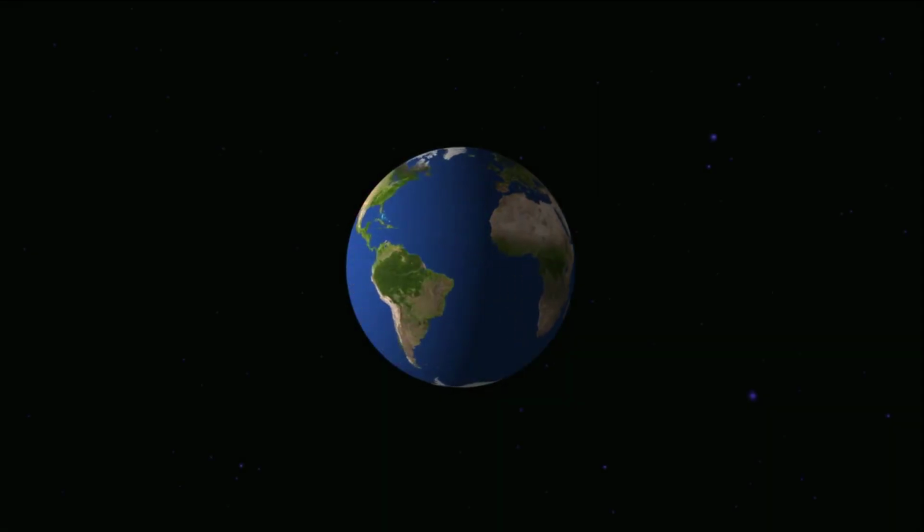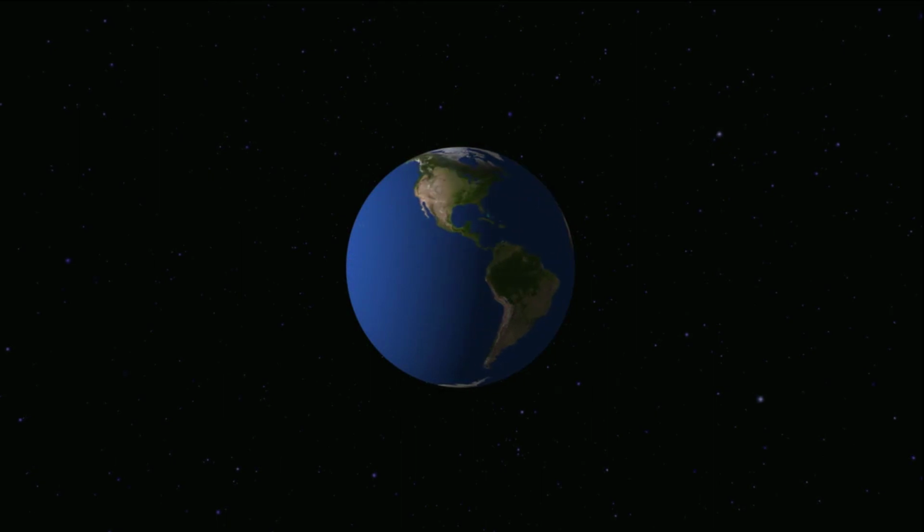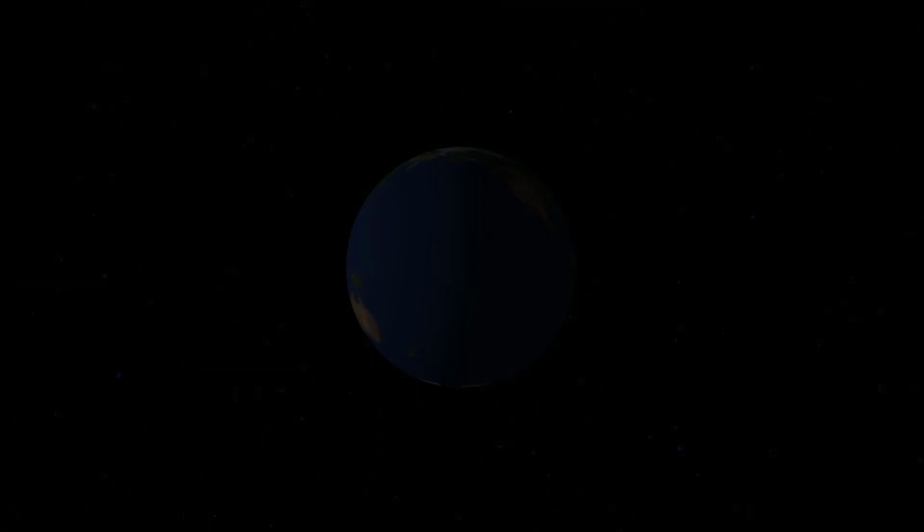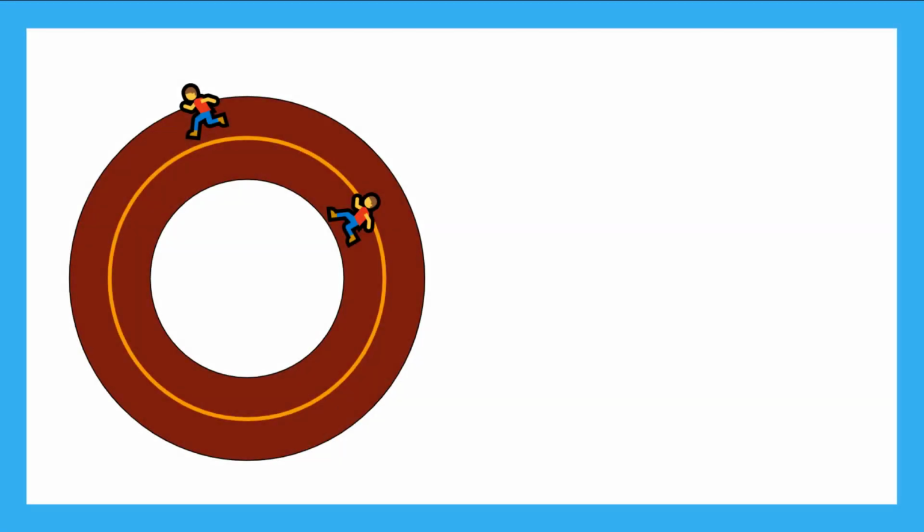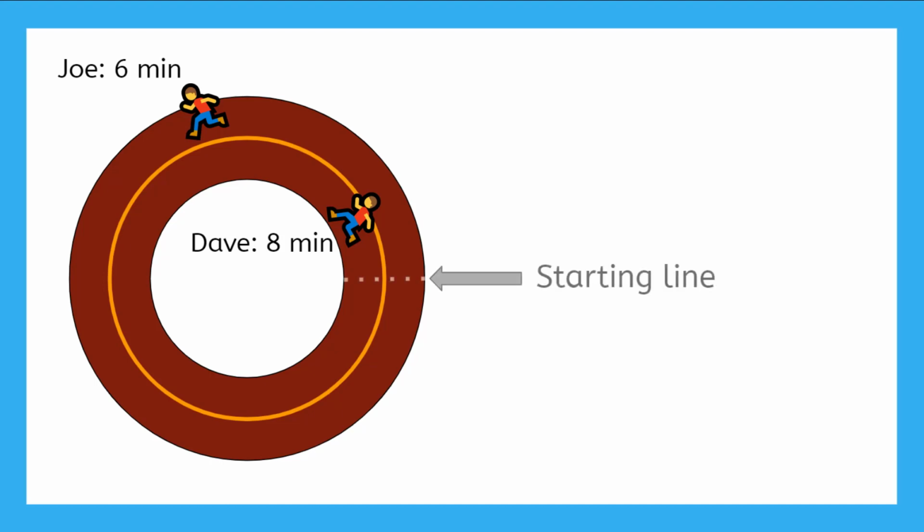Now let's think about another use of least common multiple in the real world. Joe and Dave are running on a circular track. Joe is running around the track in 6 minutes. Dave is running around the track in 8 minutes. If they started running at the same place at the same time, how long until they meet at the same place on the track again?